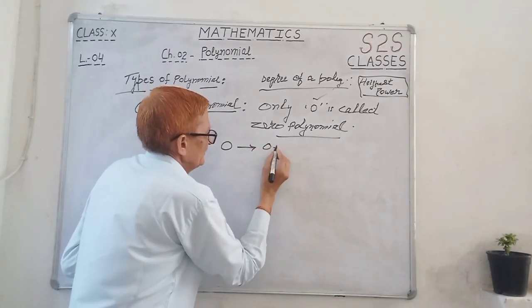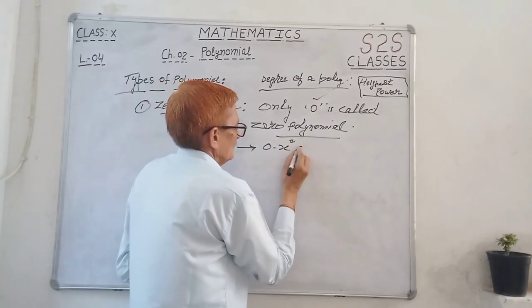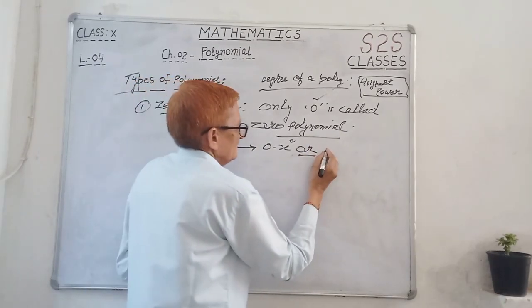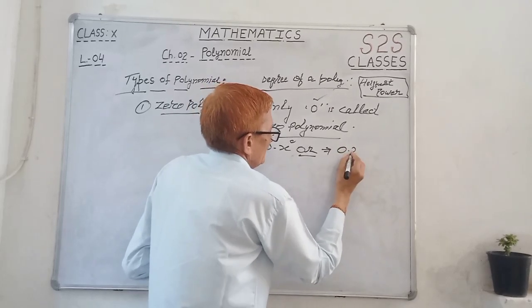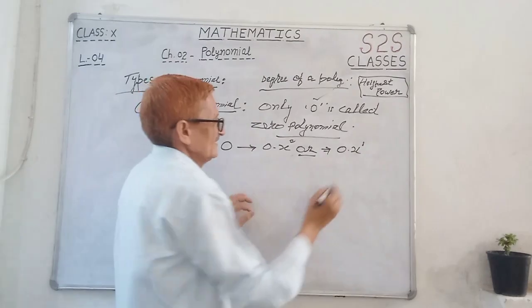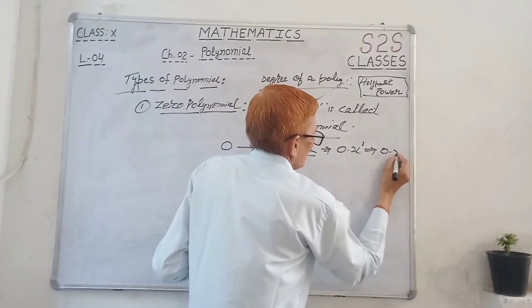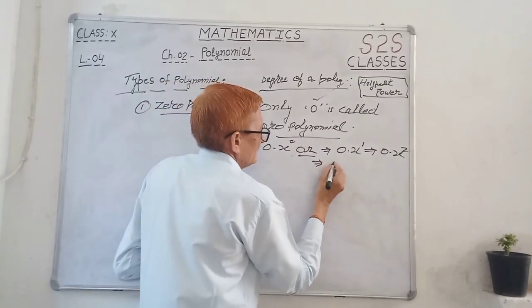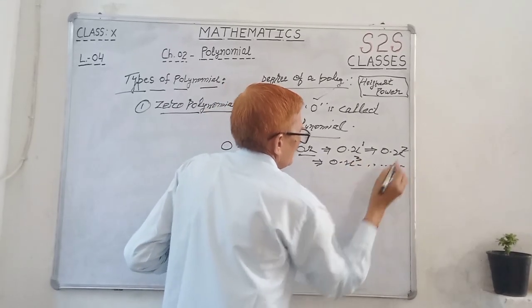Because 0 can be written as 0 into x power 0, or 0 into x power 1, or 0 into x power 2, or 0 into x power 3 and so on.